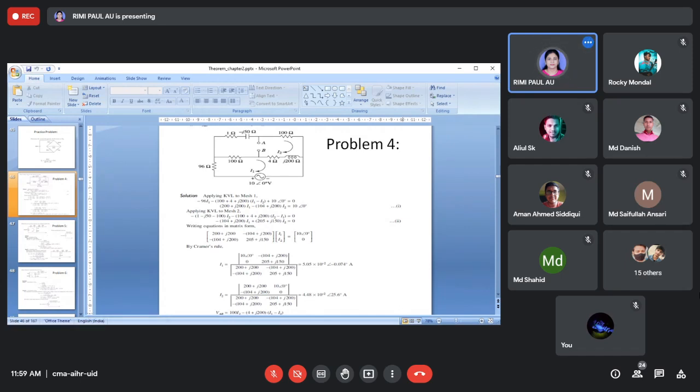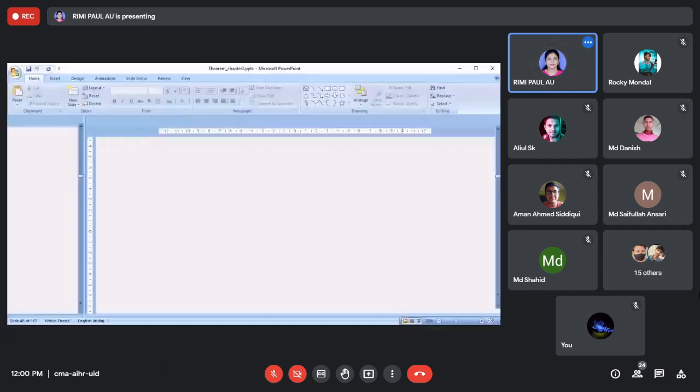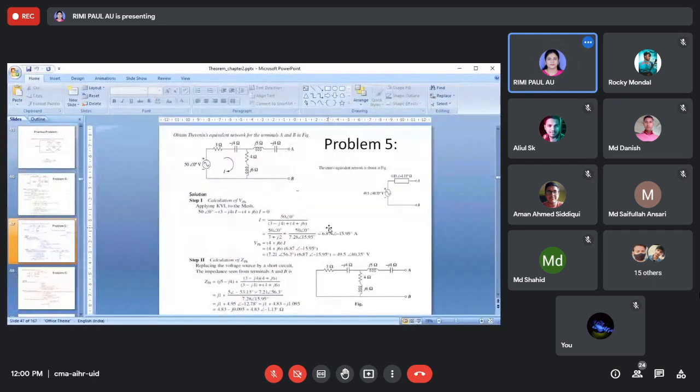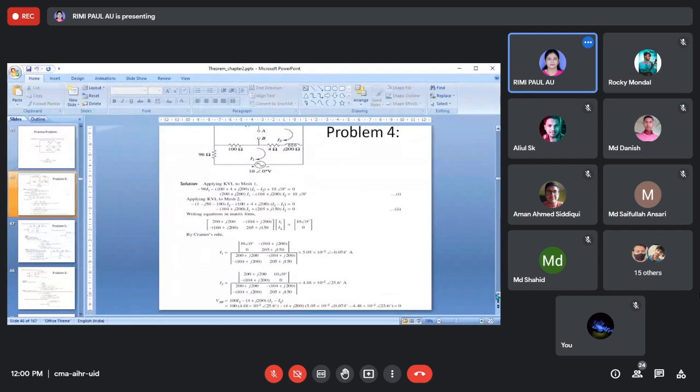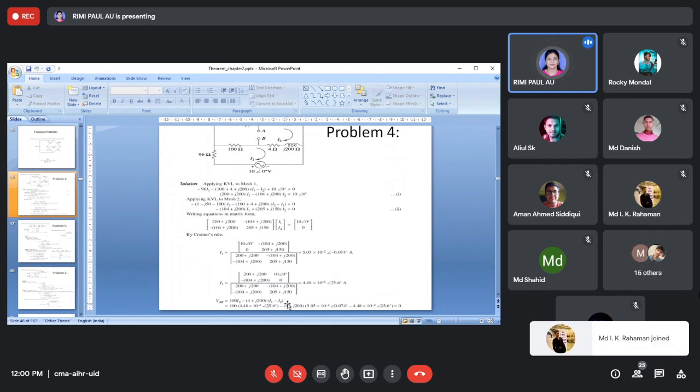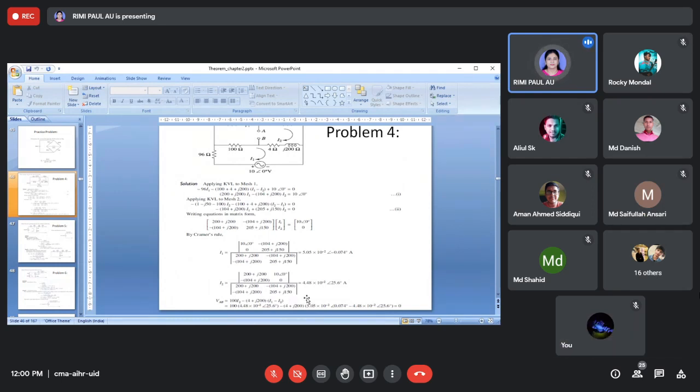Next is VAB. VAB is 100 I2 minus, because VA minus VB, so minus (4 plus j200)(I1 minus I2), that is VAB. And you will find out what VAB will be.